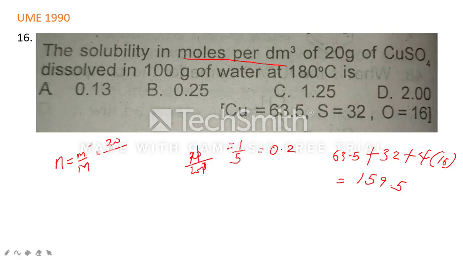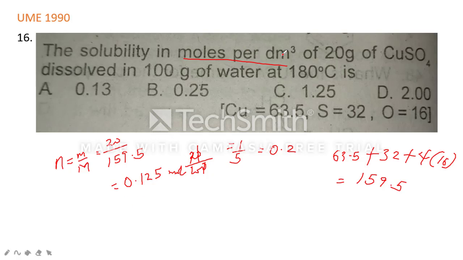So I know the molar mass. So I've got 20 divided by 159.5, and that will be equal to 0.125 mole.